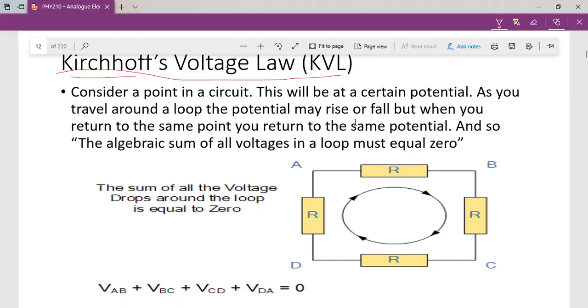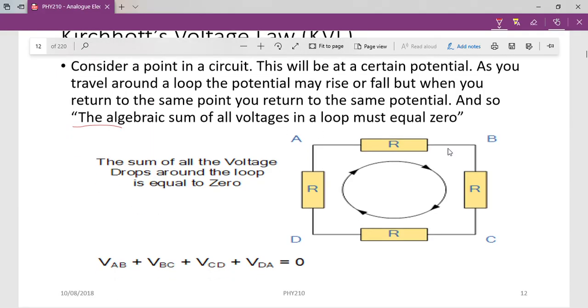Here we just consider the voltage across a certain loop. As you can see, this is our circuit, and there is a voltage across this loop. Kirchhoff's voltage law is stated as the algebraic sum of all voltages in a loop must be equal to 0.